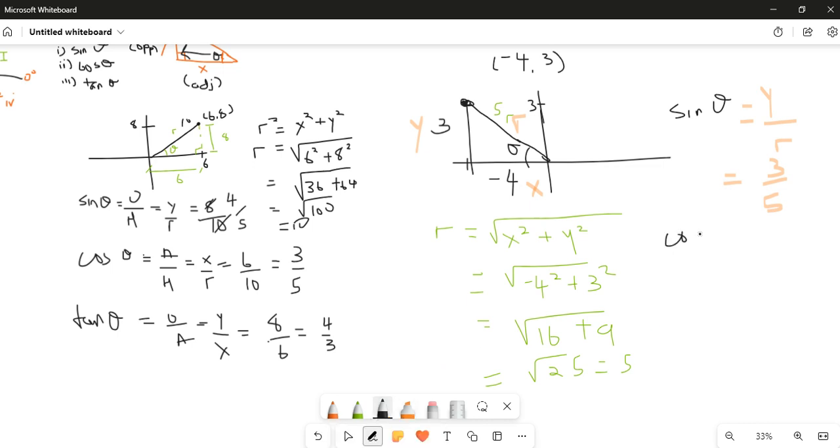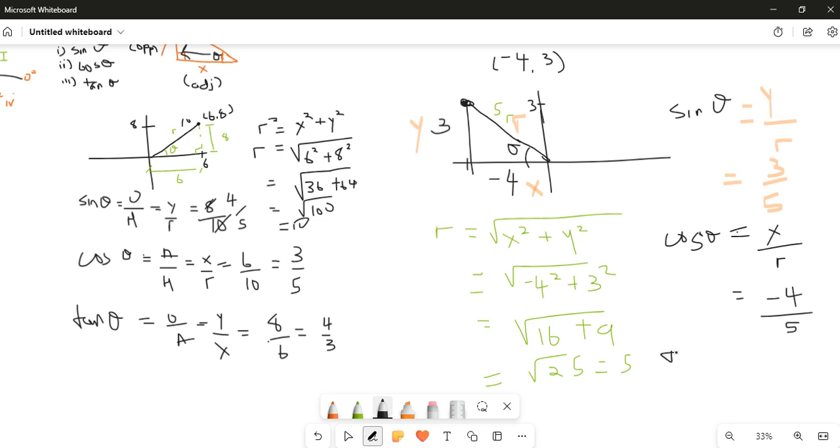Cos theta is adjacent, which is x, over hypotenuse r. x is going to be -4, r is going to be 5.